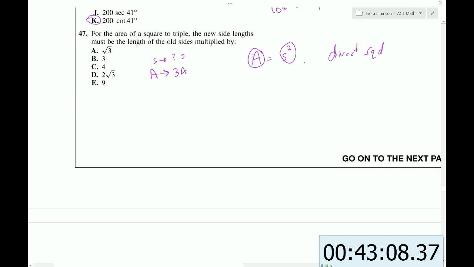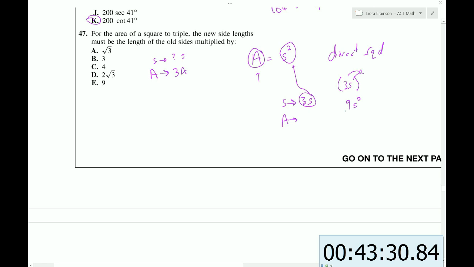The way that works is whatever change I affect on the input variable, that change is going to get squared and affect the output variable. So for example, if I was to change side length to 3 times the side length, then the area would change to, well, if I plug in 3s for this, that 3s then gets squared, so it becomes 9s squared, right?